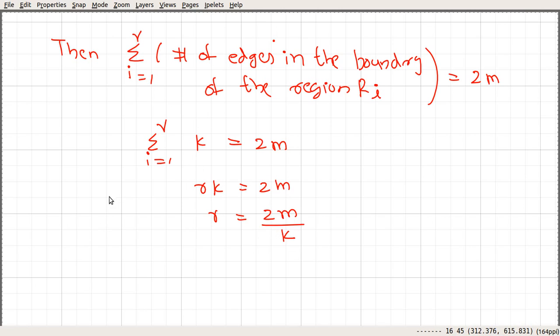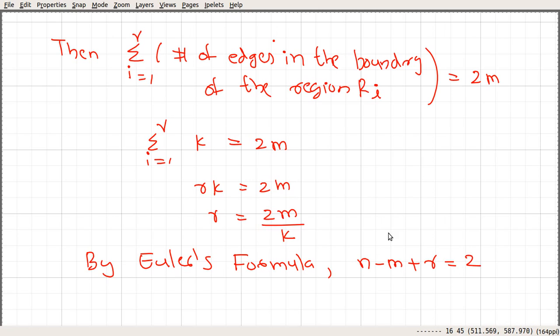Okay, so now we can use Euler's theorem. So by Euler's formula, we have the number of vertices minus number of edges plus number of regions is exactly equal to 2. Okay, so here we found this r, so that says n minus m plus 2m divided by k is equal to 2.